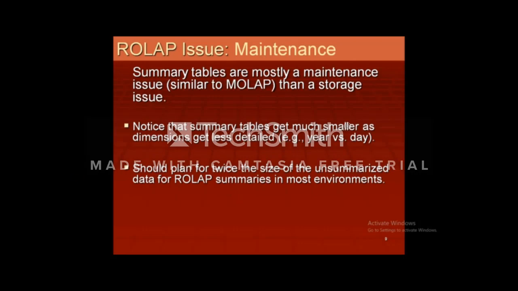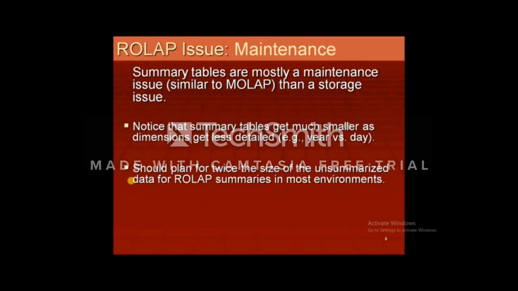The second point is, you should plan for twice the size of the unsummarized data for row lab summaries in most environments. This statement is saying that the size of the summary should be twice the unsummarized data. That means if we have unsummarized data of 1 GB, the total summary should be around half of the size of the unsummarized data.